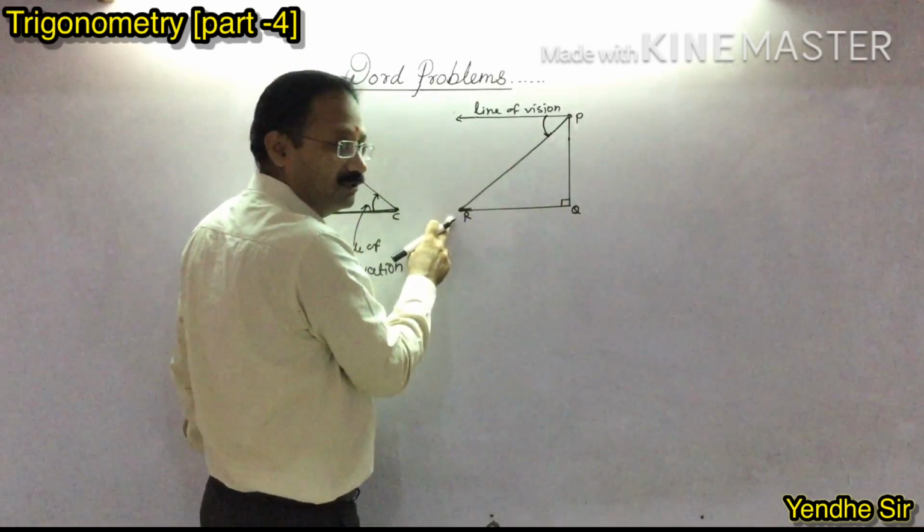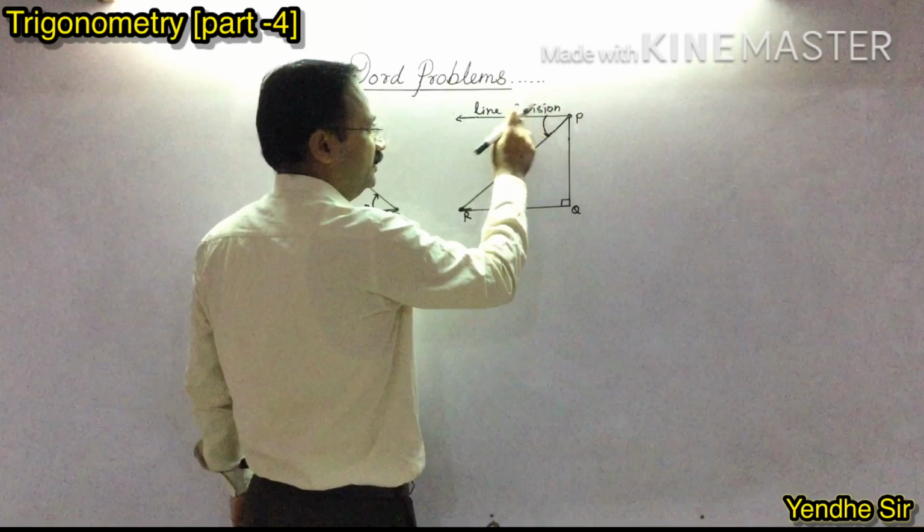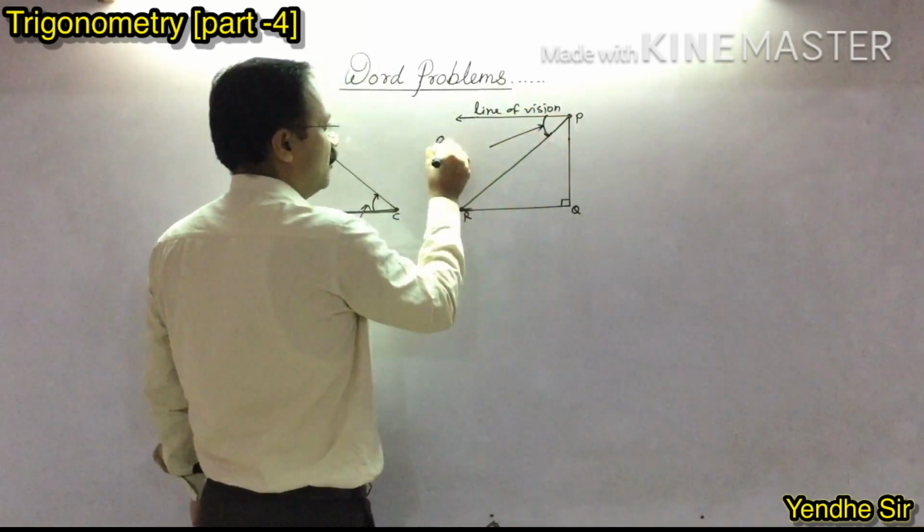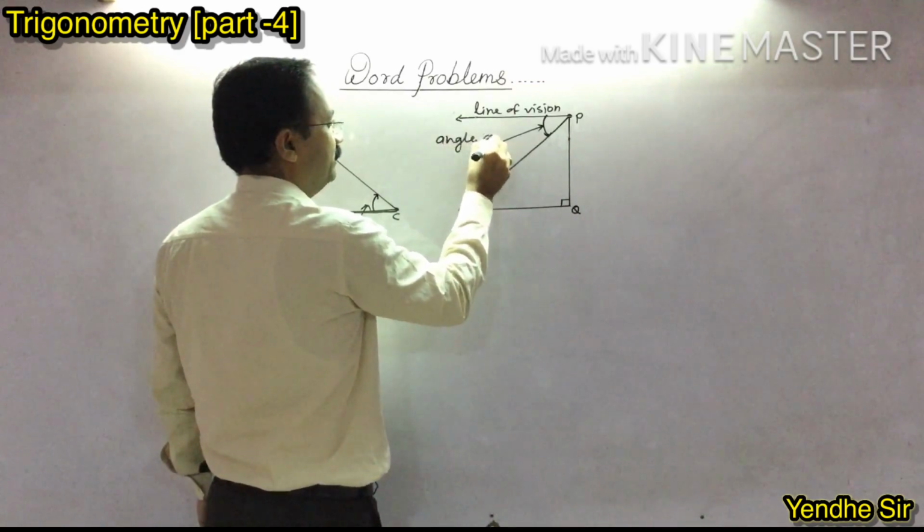I have to see the boat only. So this is called a line of vision and this angle is called angle of depression.